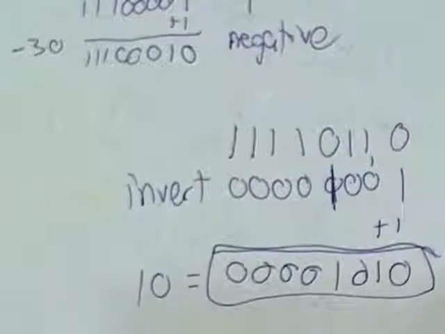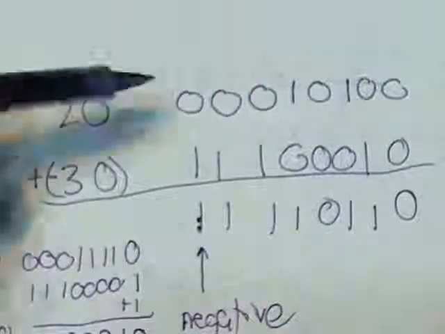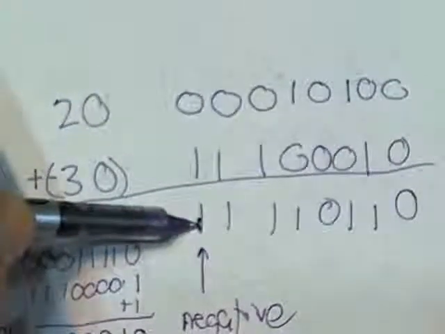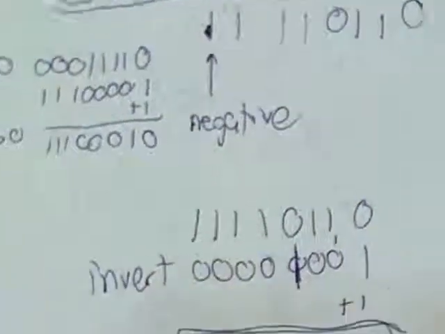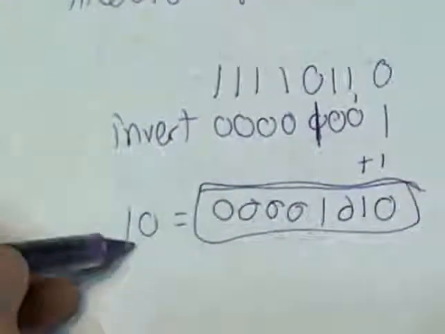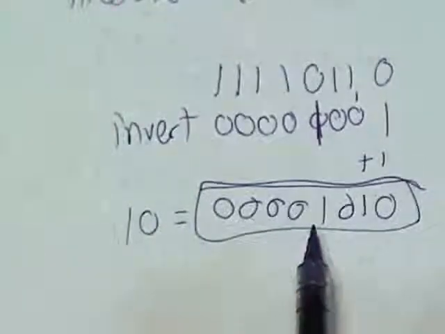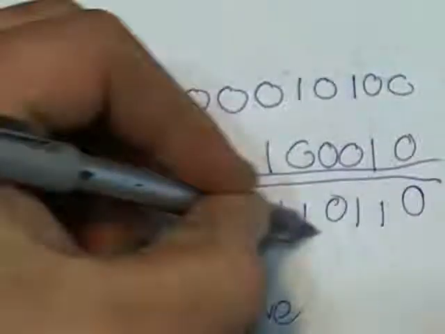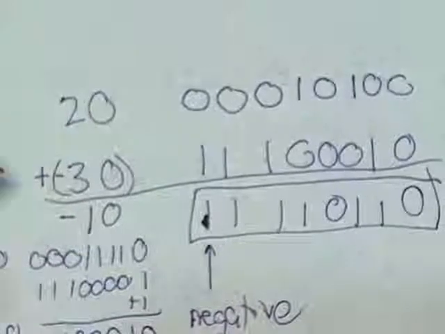As a programmer, we have to notice that if I have a negative number, I would put a negative symbol on the screen. I would then invert, add 1 to get the value of the negative number 10. So this is 10. This is negative 10, which the answer is.